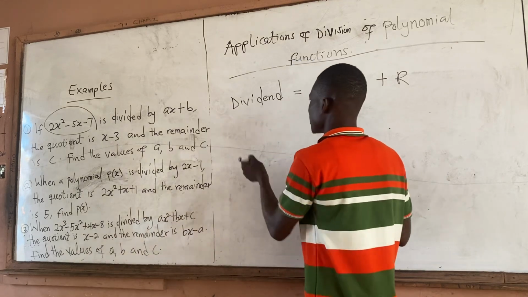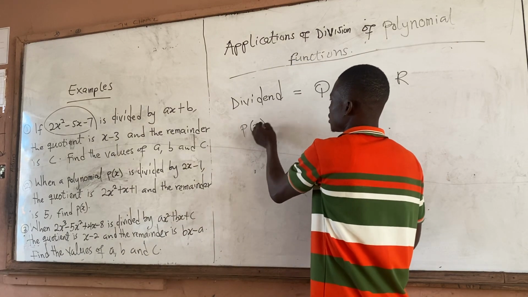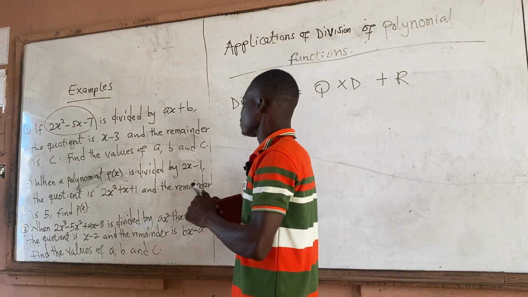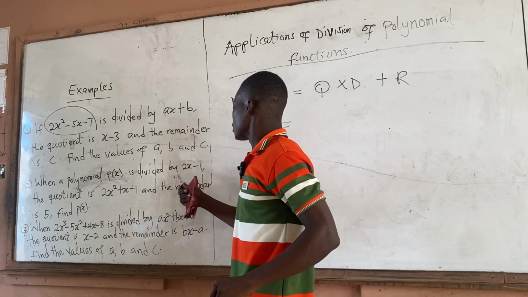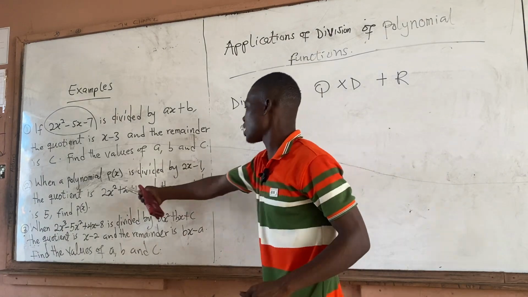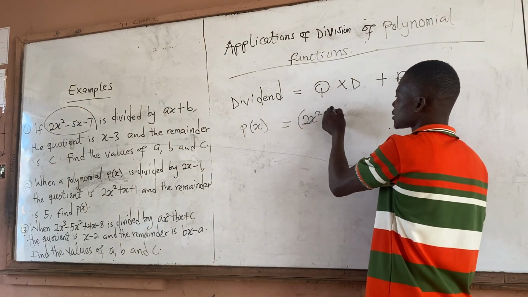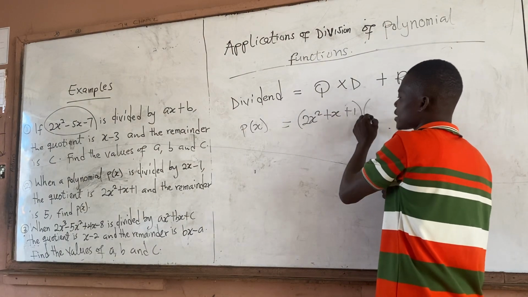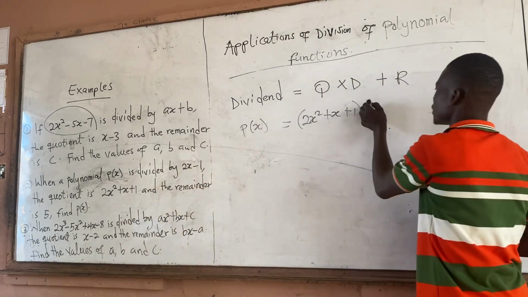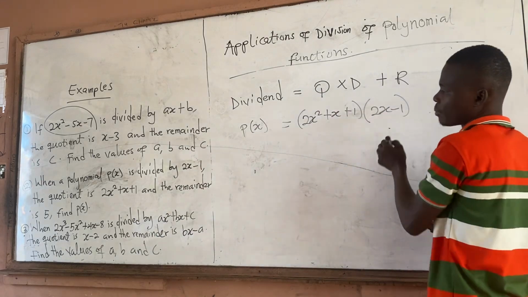So let's write here, dividend is p of x equal to the quotient, 2x squared plus x plus 1, times divisor. The divisor is 2x minus 1. And the remainder is what?